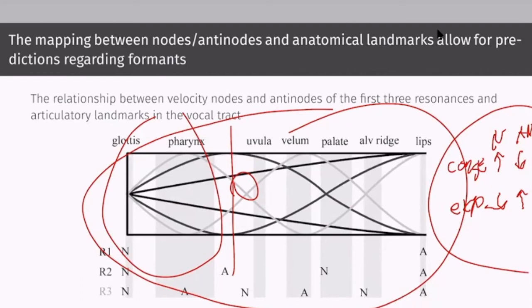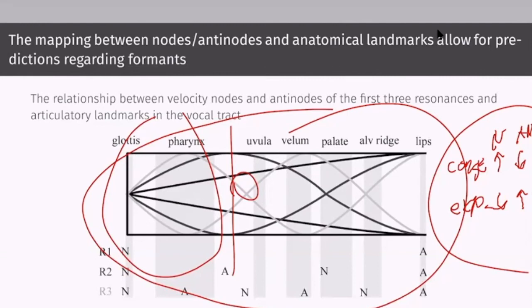So it would be near R1, except that there is a constriction near an antinode for R1. What happens to that harmonic? So actually, that was not well formed.